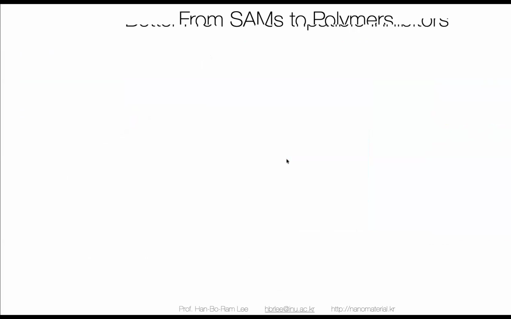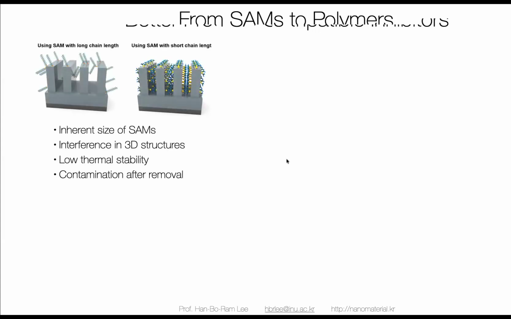And then they're always looking for better process compatibility, because the self-assembled monolayer is an organic molecule. It's not very good for silicon device fabrication, and there are a lot of reasons for that. The self-assembled monolayer is a pretty large molecule. For example, ODTS is 2.7 nanometers.